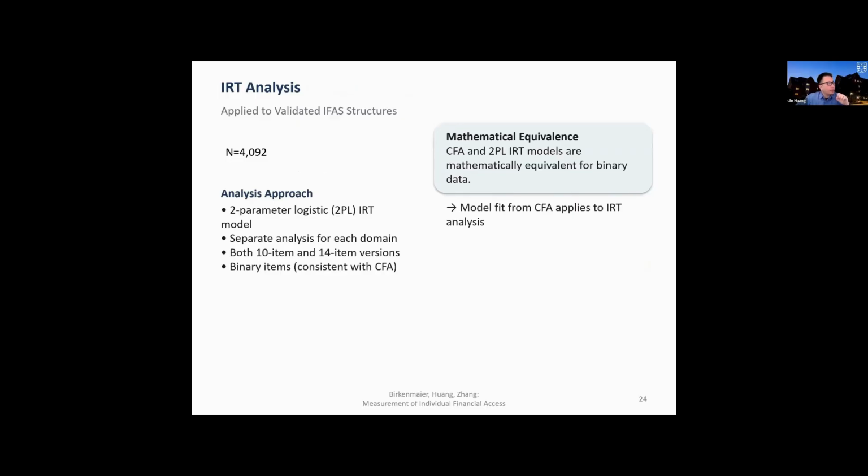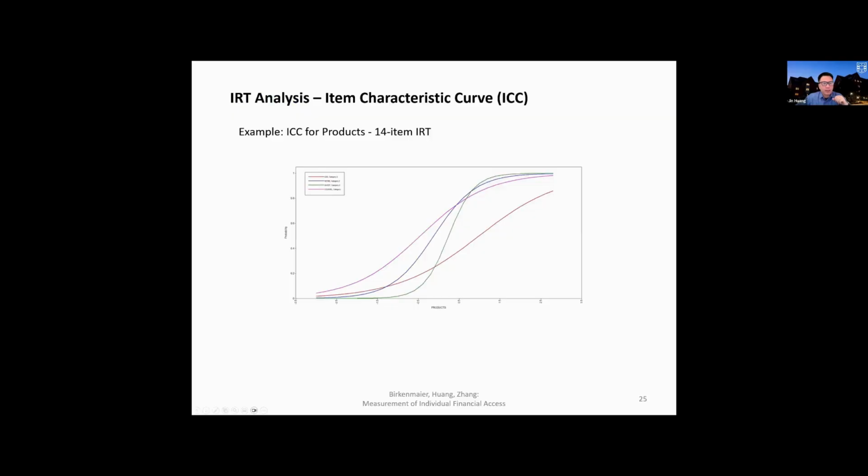And here you can see the analysis approach, and we are also using the same sample data for this analysis. Now, you can take a look at these ICC curves for the first domain. You might not be able to read the notes here, but these 4 curves show you the difficulty and discrimination of each financial product and service we included in our measurement.